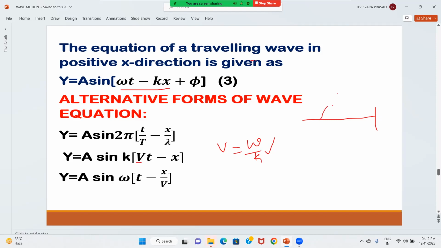The shape of the string is like this, and this shape remains the same if there is no energy loss. If a shape is not changing, then if you take any point on the shape, its y coordinate does not change.